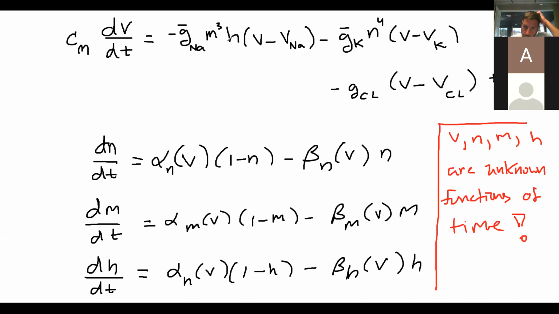Okay, so before we go anywhere, we have to make a very important point. Remember, our goal is to solve this thing numerically on a computer using something like Euler's method. So let's be very clear.